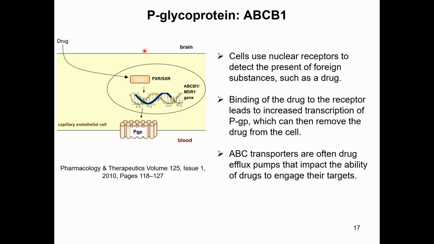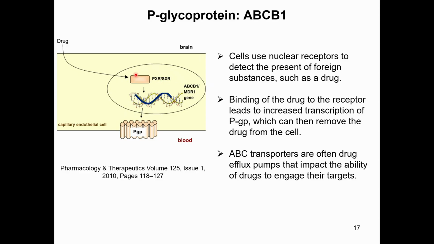So there's a connection here with nuclear receptors. A lot of nuclear receptors, remember, these are receptors and transcription factors, can be activated by drugs. They bind drugs as a ligand, and that turns on their transcriptional activation. And so PXR, SXR is a heterodimer pair of nuclear receptors.